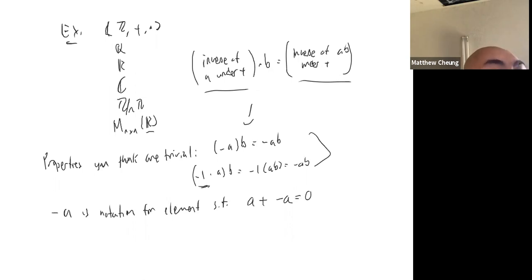Okay, so let me go over what the Cartesian product is. As a set, you take products R1 cross R2 cross Rn. Let's say it's the Cartesian product of rings, so Ri is a ring for all i.